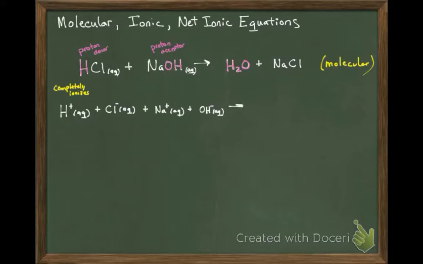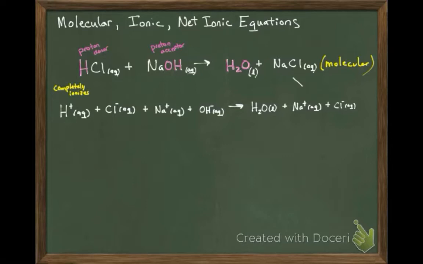On the right-hand side, the products, we have water, a liquid. It doesn't ionize, at least not appreciably, and so we're going to keep that as H2O, liquid. But sodium chloride, aqueous, does ionize in solution. It separates, and so that aq can be represented as free ions, Na+ and Cl-, the aq indicating that those are dissolved in water.